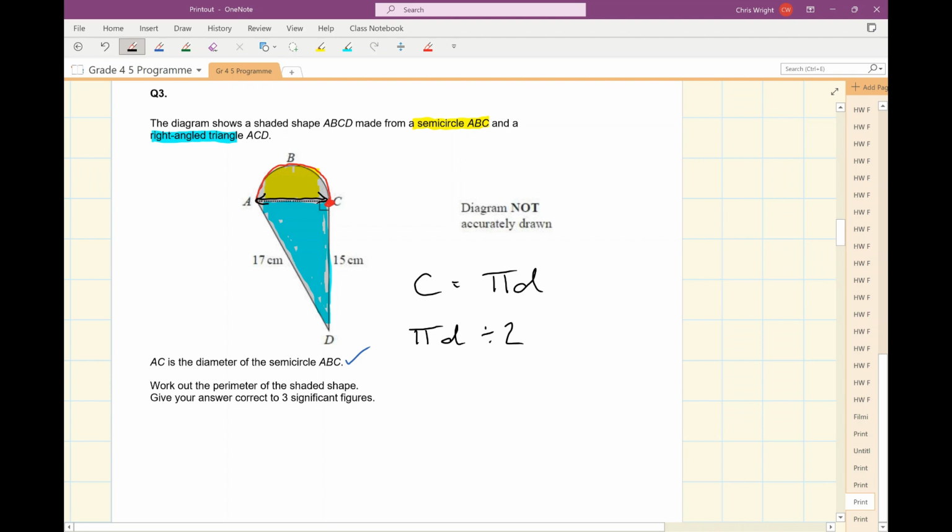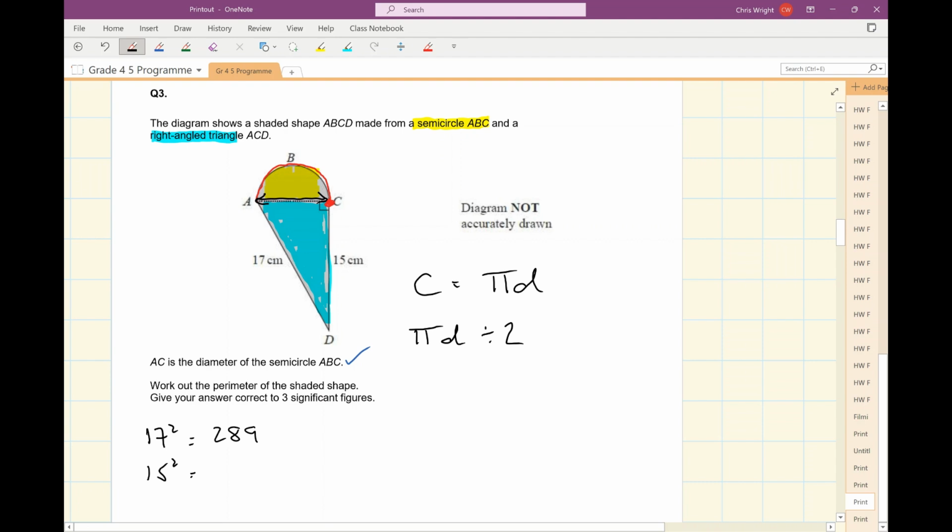Now, how can I calculate that? Well, if you look at the blue right-angled triangle, you've got the 17 and the 15, so you can work out the third side length, can't you? I'm going to do 17 squared and 15 squared. Now, in this case, I'm going to subtract, because 17 is the hypotenuse, isn't it? It's the longest side.